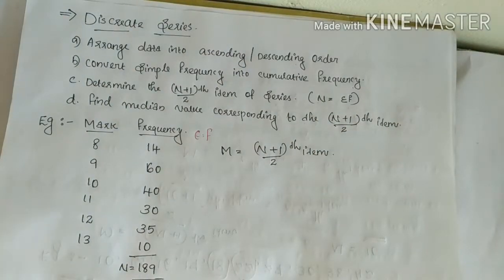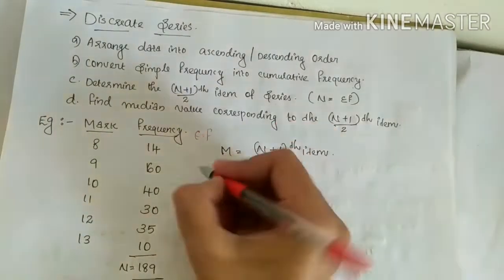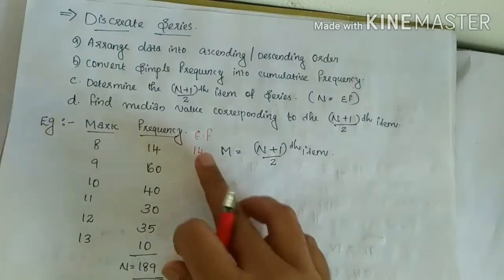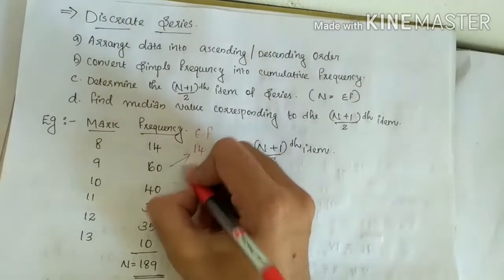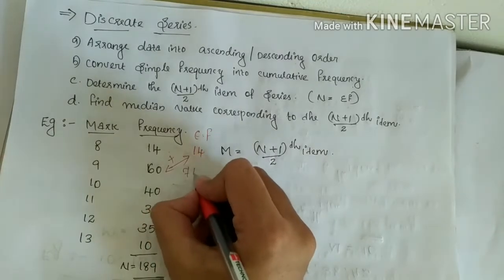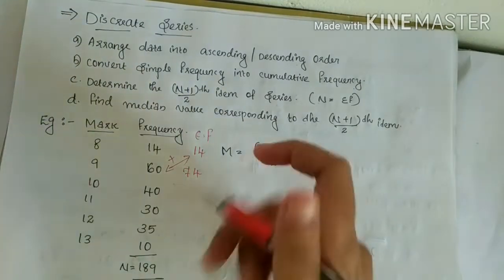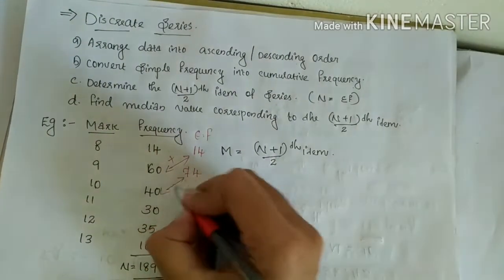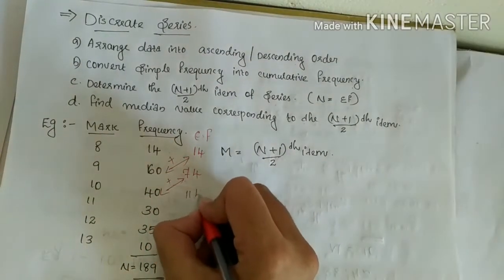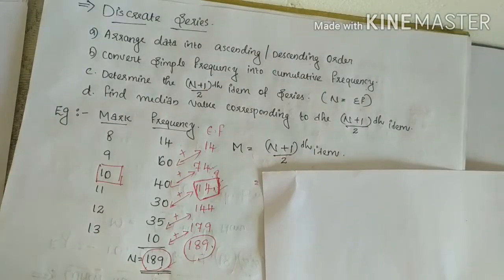Cumulative frequency means the frequencies are added together. The cumulative frequency of the first item is 14. Then the next one is 14 plus 60, that is 74. The next one 74 plus 40, that is 114, like that.